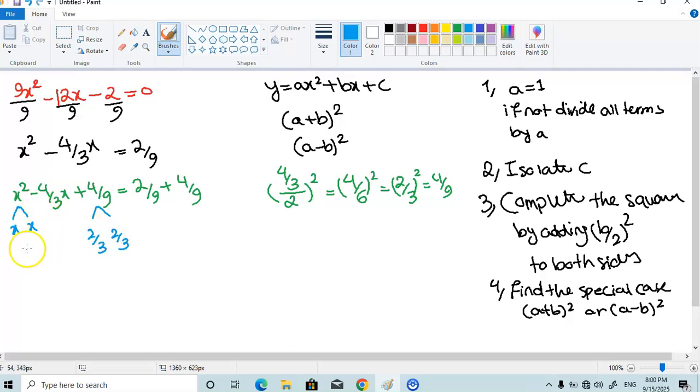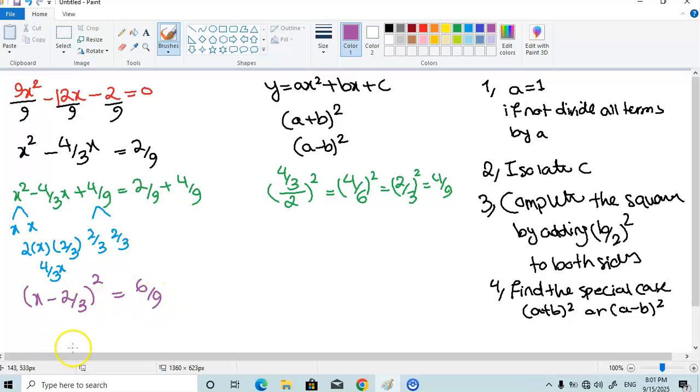And if you check the 2ab part, meaning 2 times x times 2 over 3, it's going to be 4 over 3x, which is exactly what we have over there. So which special case is it going to be? It's going to be the second special case because of the minus over here. It's going to be x minus 2 over 3 to the power of 2 is equal to 2 plus 4. It's going to be 6 over 9.